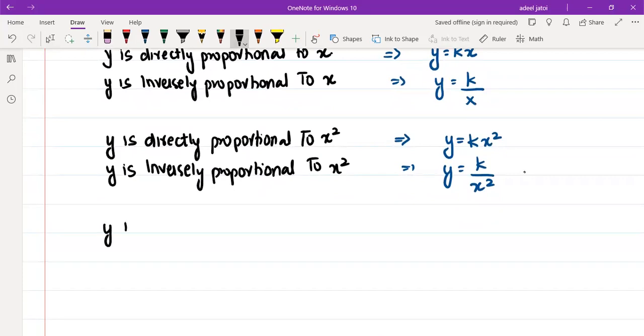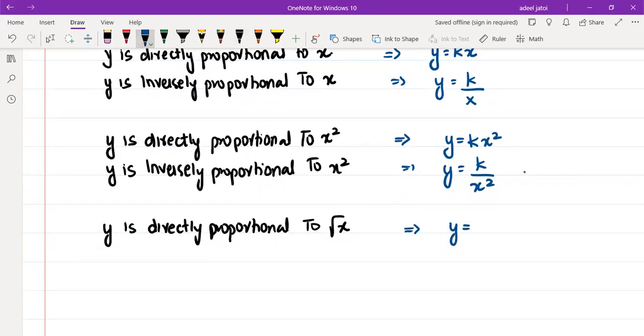That is y is directly proportional to under root x. For this, y is equal to k under root x. Now it can always be written in the statement as under root x in this form, or it can also be written as under root x. So in both ways, the formulas will be the same.